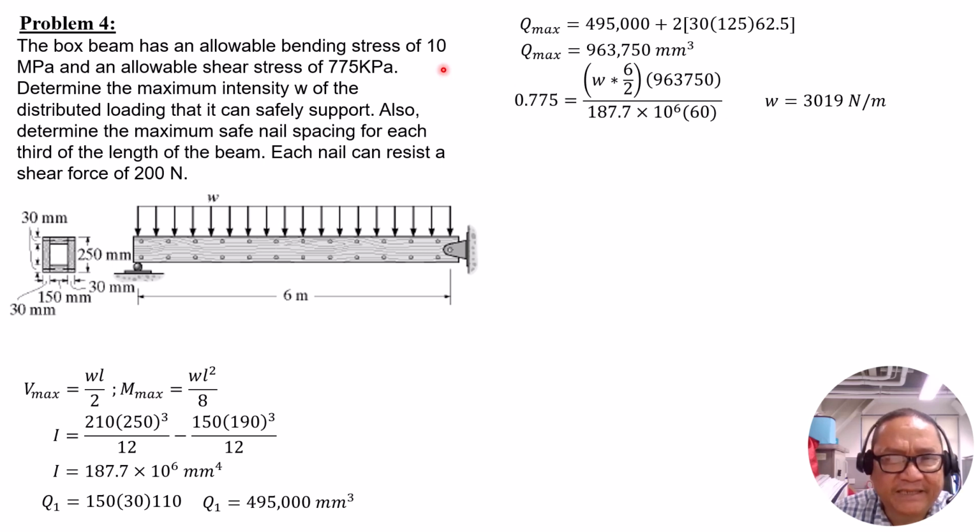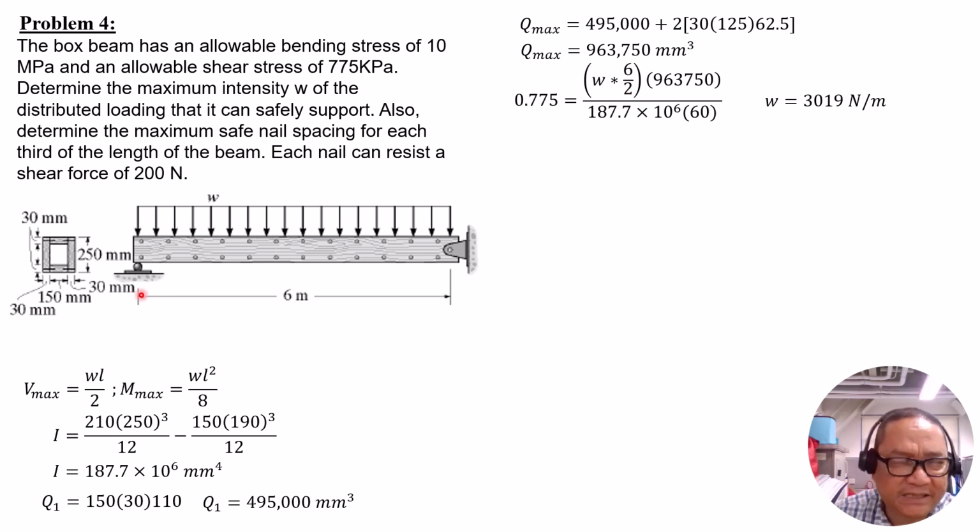Based on bending stress, 10 equals WL squared over 8. That would be in newton meters if W is in newtons per meter, so we multiply further by 1000 to convert it to newton mm.